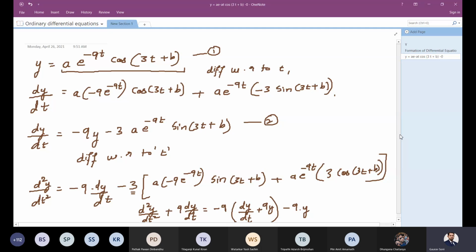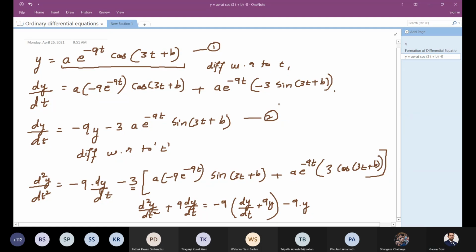And this can be simplified further, and I'll write down the simplified differential equation over here. So d2y by dt square plus 9 dy by dt minus 9 dy by dt on the right hand side.